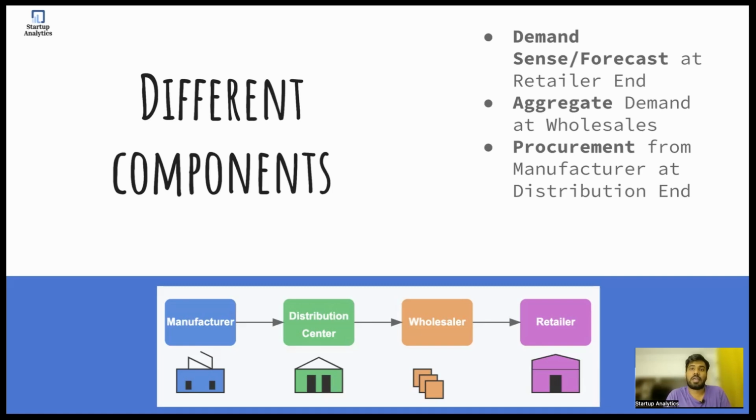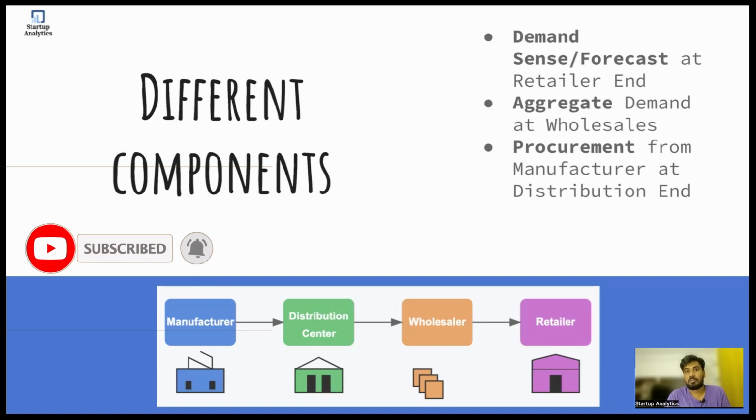The cash is typically paid by the retailer once he makes a sale. This is how a typical supply chain structure looks like, primarily in the Indian context. Different parts are involved, and typically the wholesaler's job is to pay upfront to the manufacturer while he gives a cash credit to the retailers, allowing them to make that sale and then pay it back.